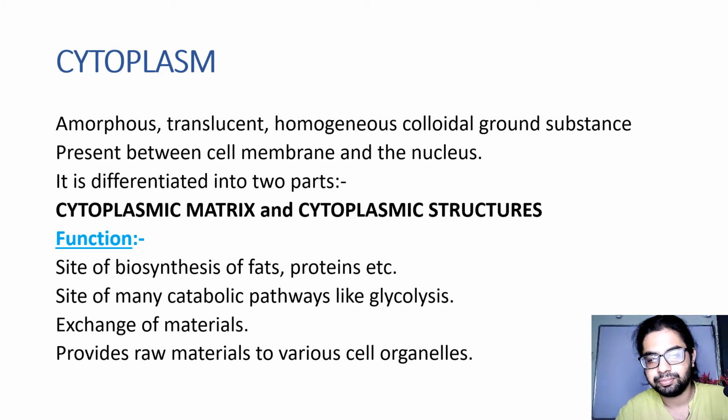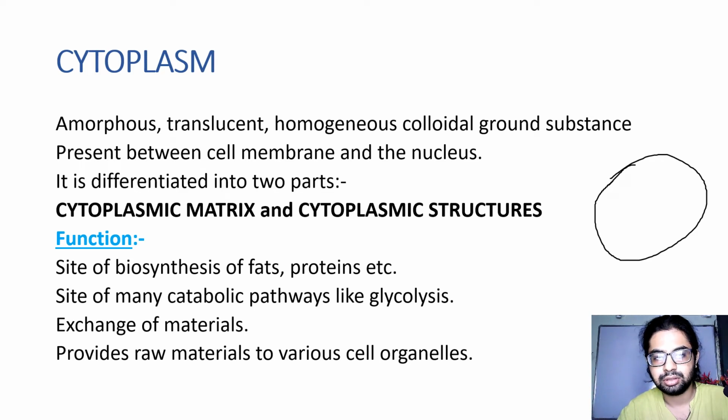Cytoplasm. If this is the eukaryotic cell, this amorphous, translucent, homogeneous, colloidal ground substance is the cytoplasm. It is present between the cell membrane and the nucleus.